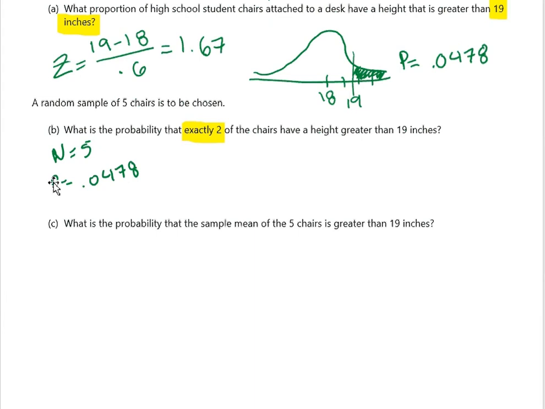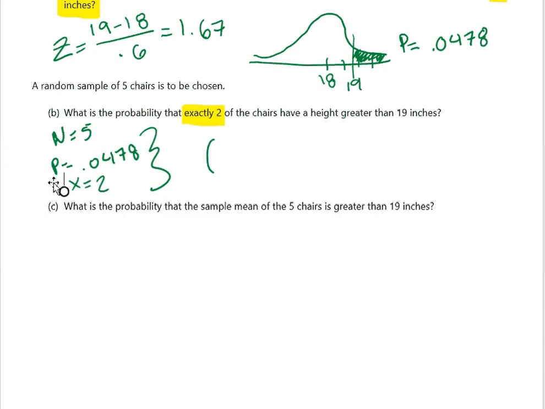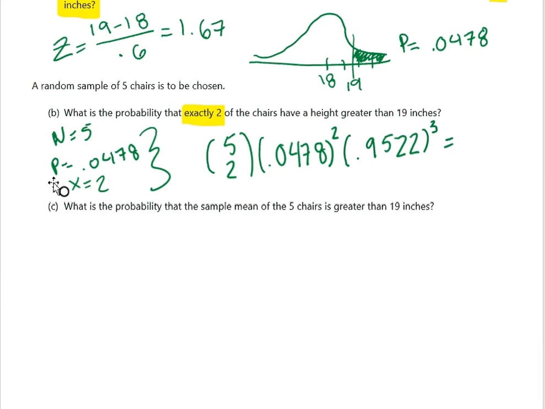So when I do this, I am going to do 5 choose 2, the probability of my success, and I want to get 2 of those, and then my probability of getting not a chair of that height, and I want 3 of those. And when I type that out, I am going to get 0.197. Okay.